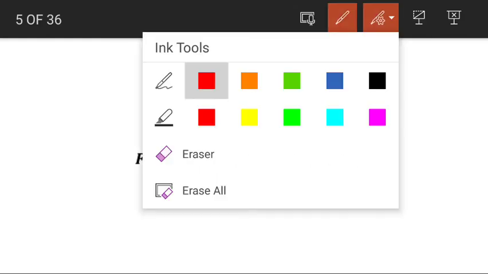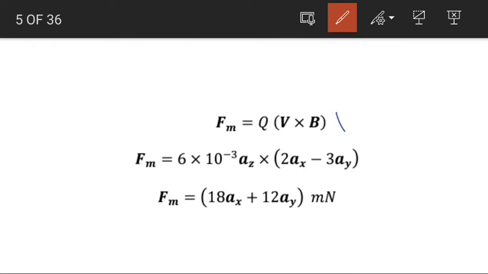In the first part of the question, we need to find out the force on the moving charge due to the magnetic flux density. The force on the charge will be equal to Q into V cross B. So we multiply the charge by the velocity of the charge.